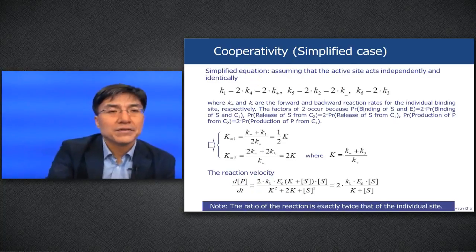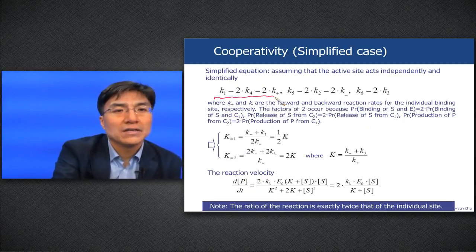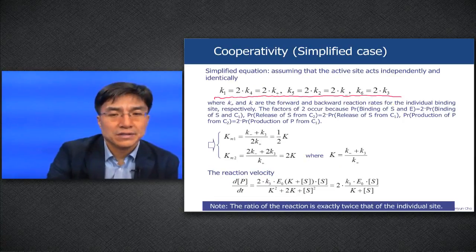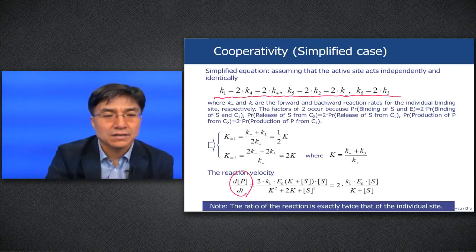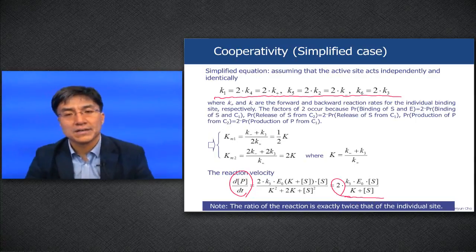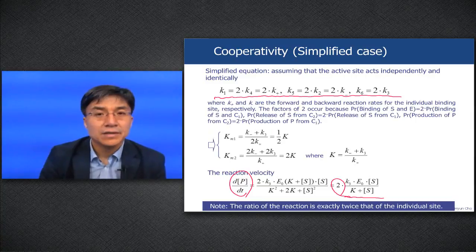In this case, if we assume these parameter values, then you will see that the rate of change of the product will become simply 2 times the normal reaction.